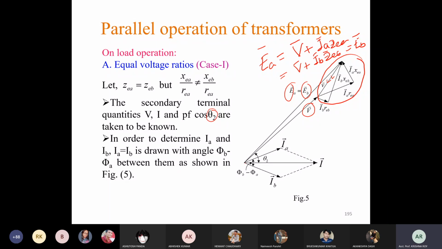So the current magnitudes IA and IB are the same, and therefore the angle between IA and IB, which is phi B minus phi A, will be equally divided by this total current I. So the magnitudes of IA and IB are the same, but they are making different angles with this terminal voltage or this induced EMF EA or EB.